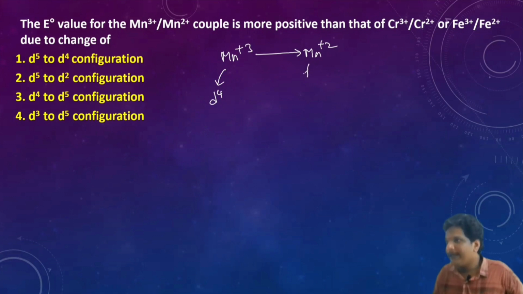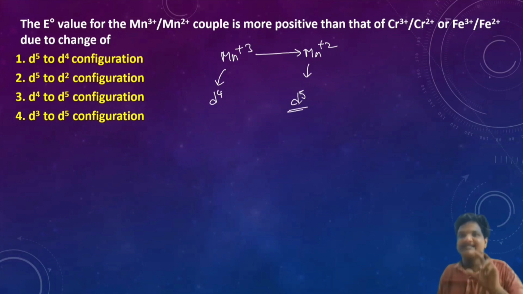In Mn plus 2, we have d5, which is the half-filled configuration, a stable configuration. Because of the stability of this d electron configuration, there is more tendency to convert Mn plus 3 to Mn plus 2 by accepting an electron.